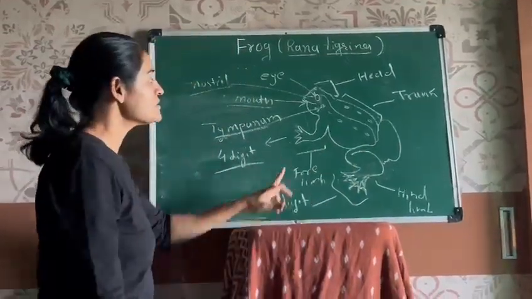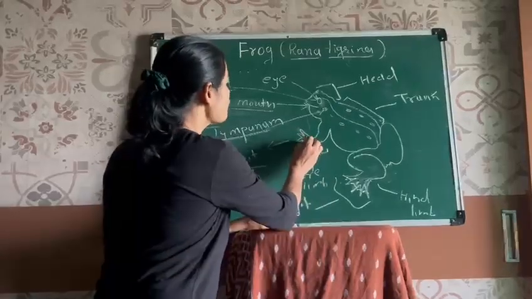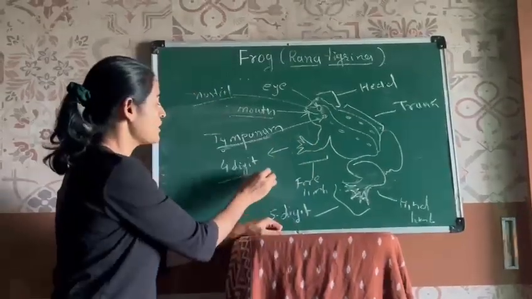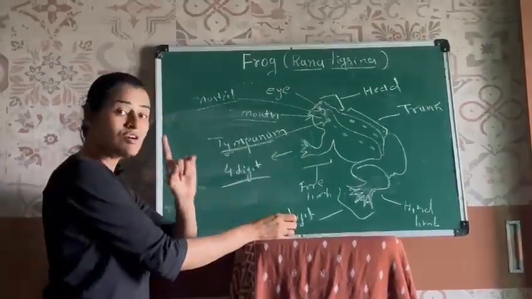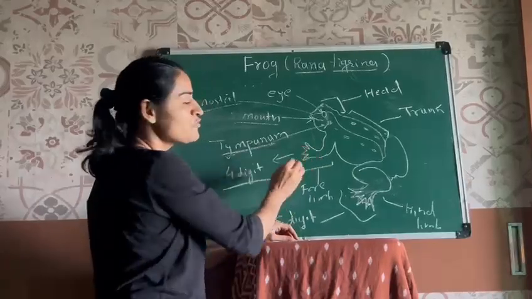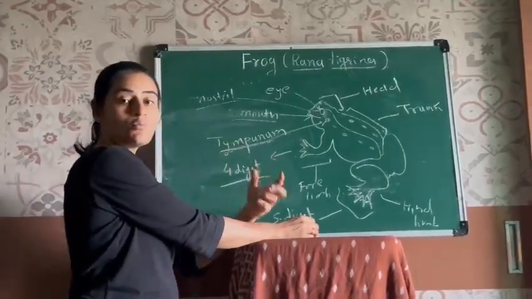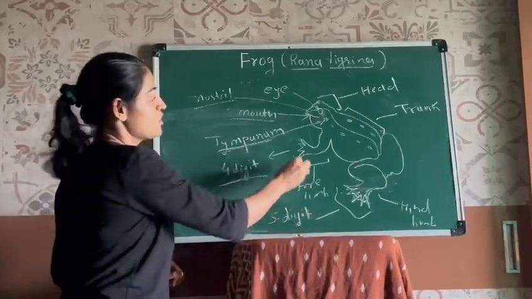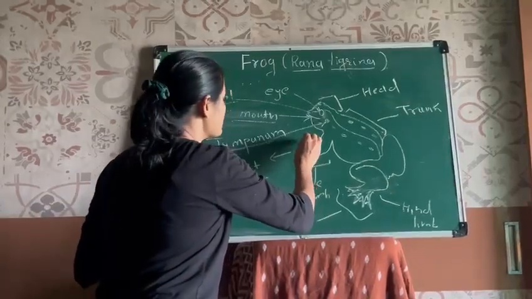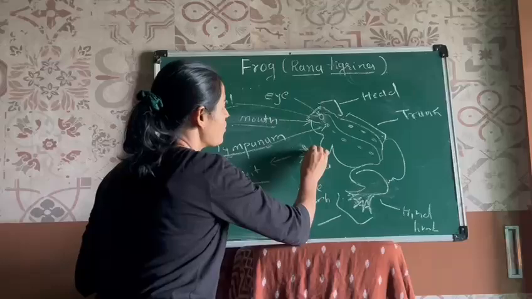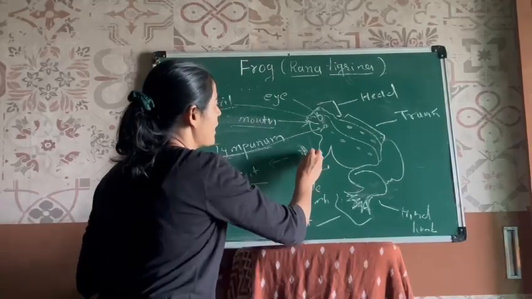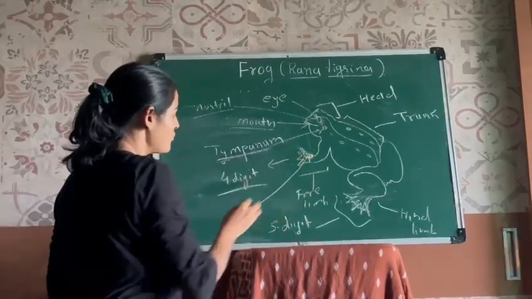Okay, another important thing in the case of frog is that in the forelimbs, the first finger of the frog has a muscular structure that is developed only in the reproductive phase. Here, at the base of the first finger, that is called the copulatory pad.